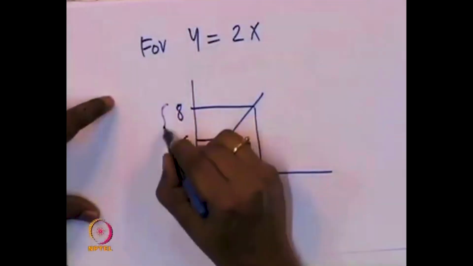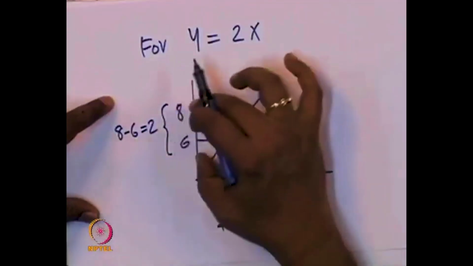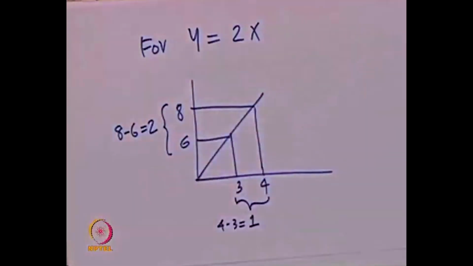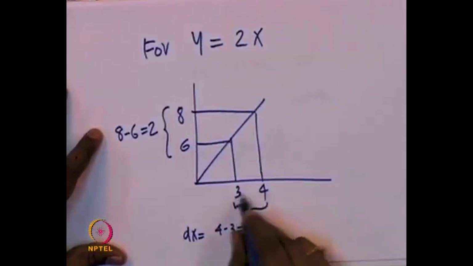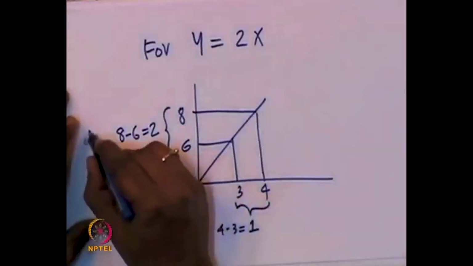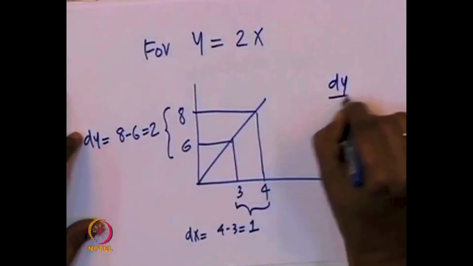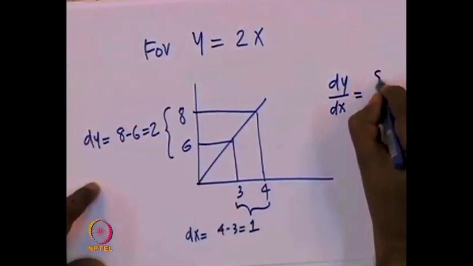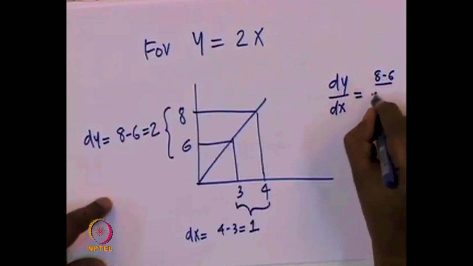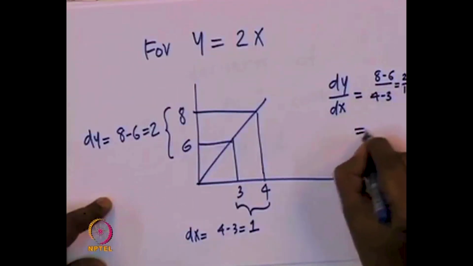Here this difference is 8 minus 6 equal to 2. So, let me call this dx, which is the change in x, which is 4 minus 3, and this is dy, which is 8 minus 6, and dy by dx is 8 minus 6 by 4 minus 3, which is 2 by 1, which is nothing but 2.